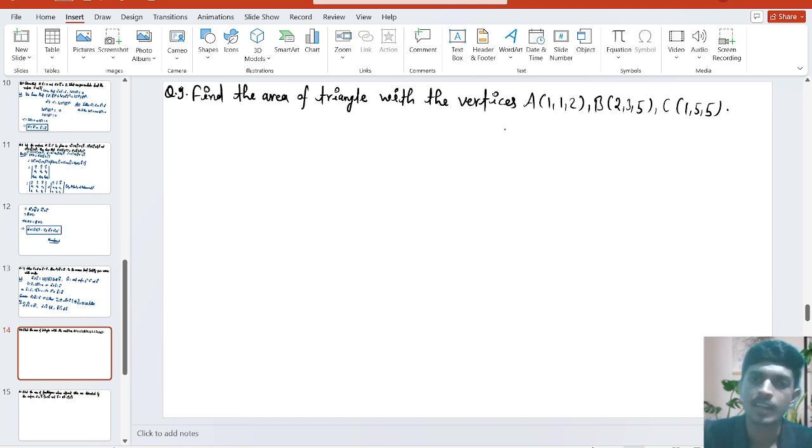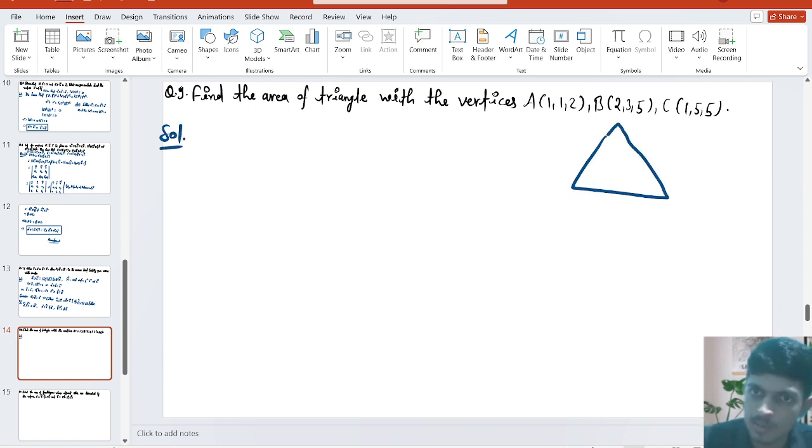Find the area of the triangle with the vertices here. The solution: this is a triangle ABC, with A at position 1, 1, 2, B at position 2, 3, 5, and C at position 1, 5, 5.